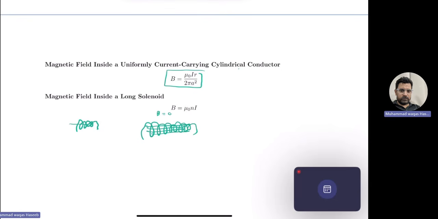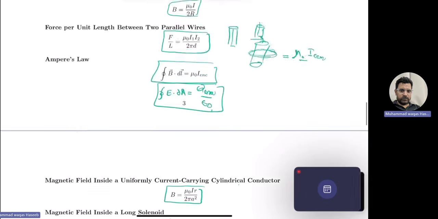This is the formula for the magnetic field of a solenoid: B equals mu naught, N is the number of turns. If you increase the number of turns, the magnetic field increases, times the current flowing.